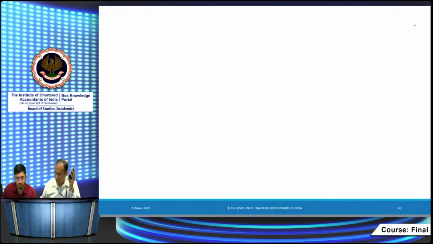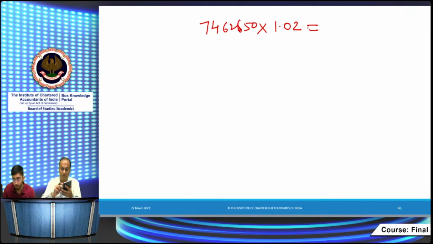And what happens? Whatever amount you have borrowed, that is 7,462,650, you repay this amount with the interest in India. So the amount comes to 76 lakh 11,903.